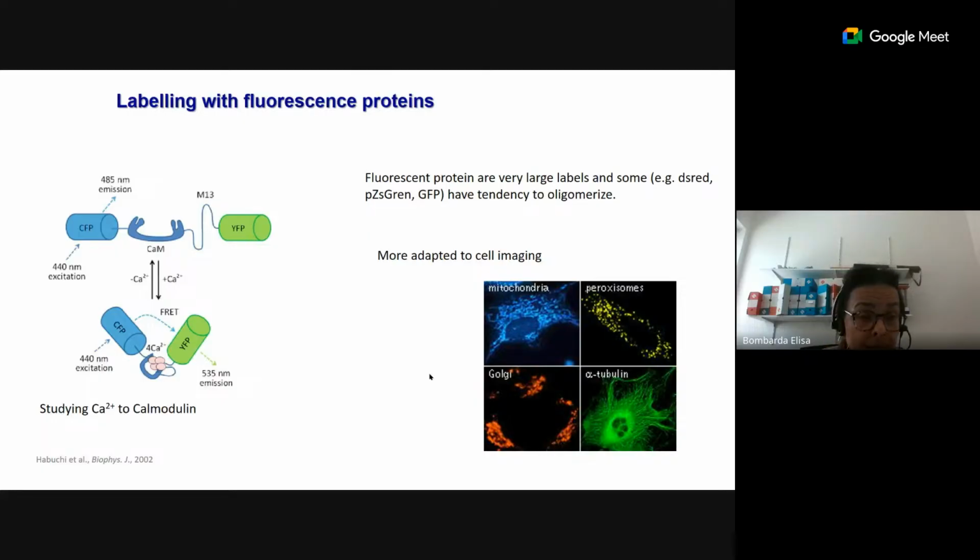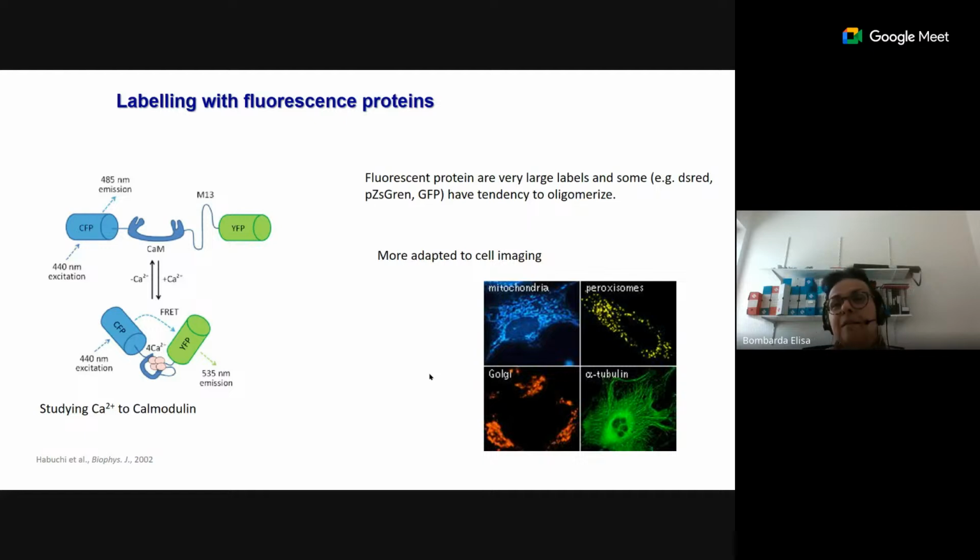So it's nice, and of course one criticism that one could make is that the level of the label, in this case, is larger than the protein that we want to study.